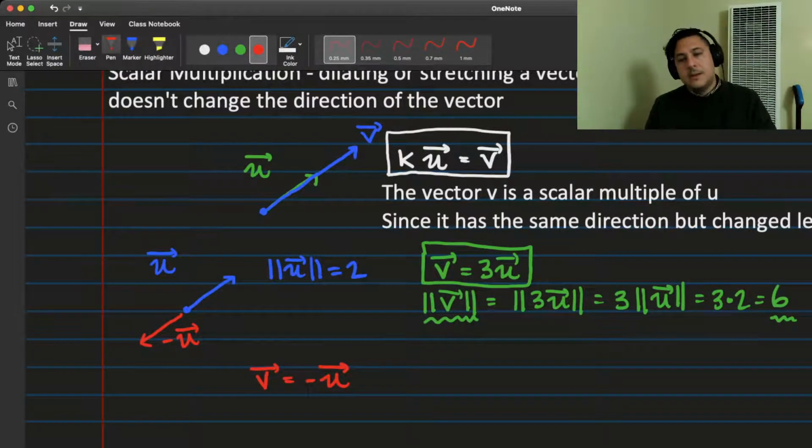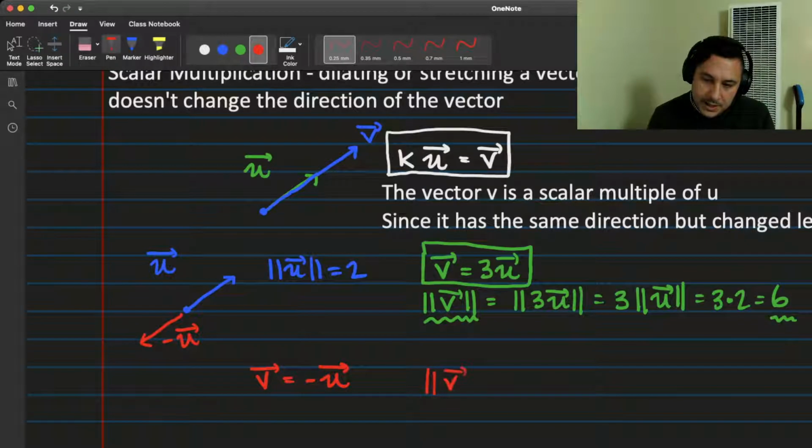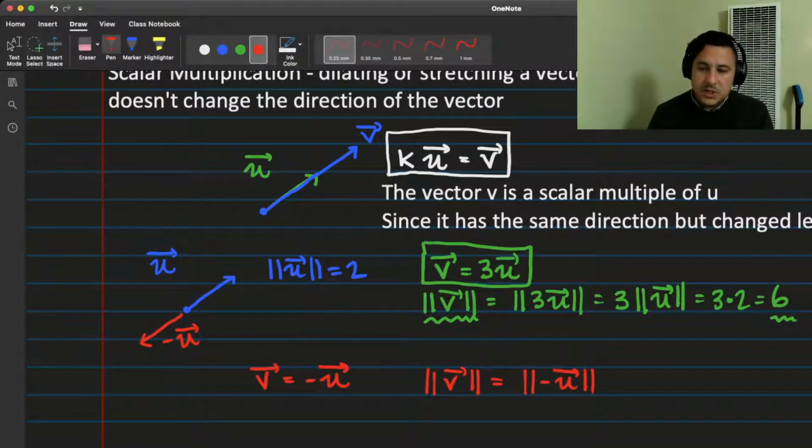It has the same length, so the magnitude of u over here was 2. The magnitude of v will also be 2, because the magnitude doesn't care about the direction. It switched the other way, so it's still 2.